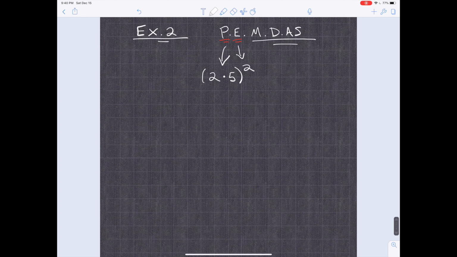So if we were to do what's inside of the parentheses first, it's going to be 2 times 5, which is equal to 10. So we have 10 squared. And 10 squared is the same thing as 10 times 10. 10 times 10 is equal to 100. So we have our answer of 100.